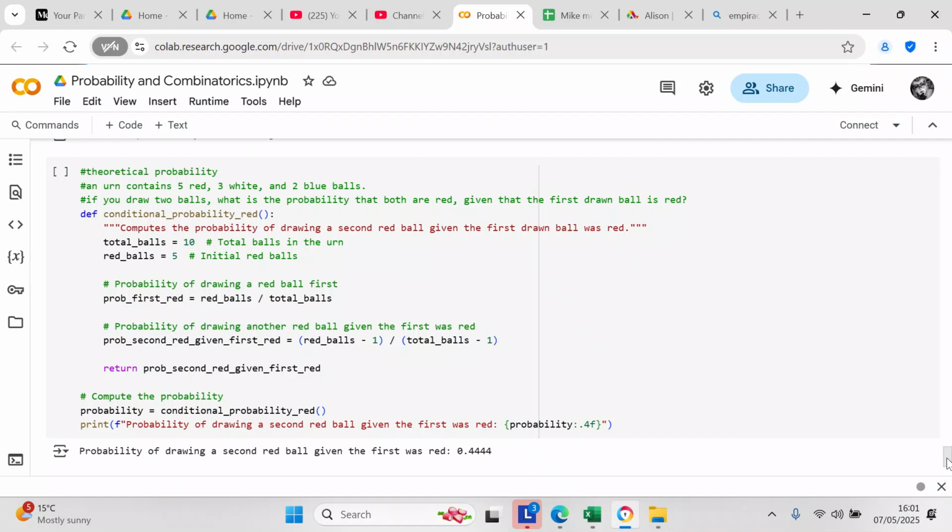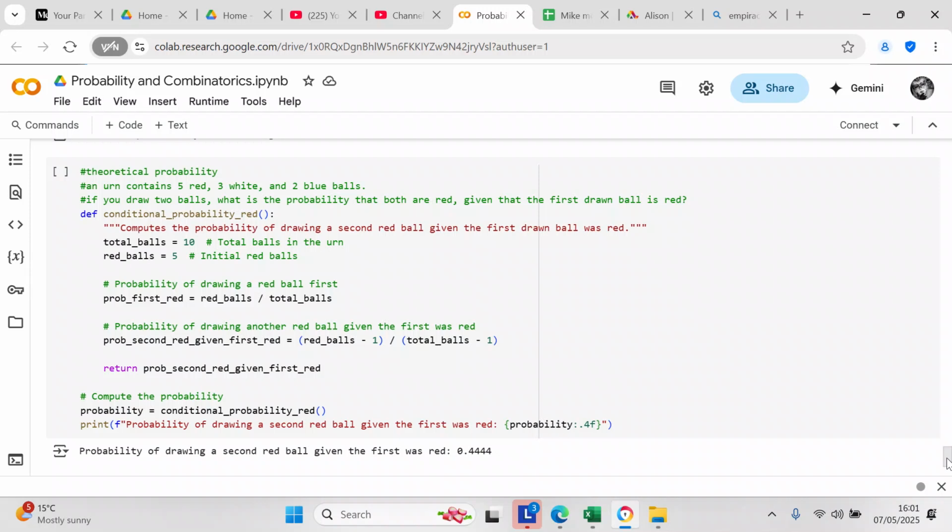Total balls equals 10. Red balls equals 5. Probability of drawing a red ball first. Probability first red equals red balls divided by total balls. Probability of drawing another red ball given the first ball was red. Probability second red given first red equals red balls minus 1 divided by total balls minus 1.